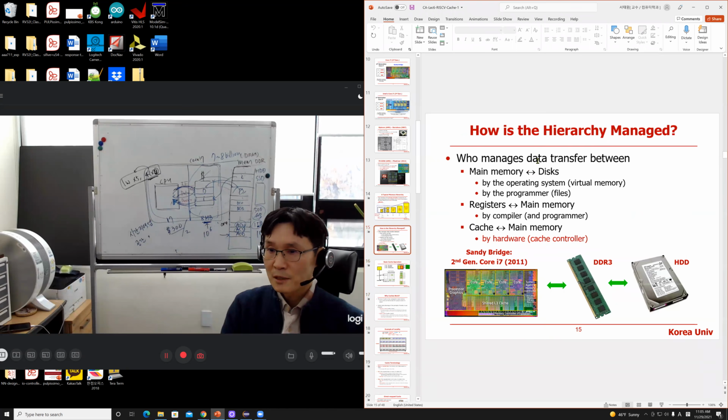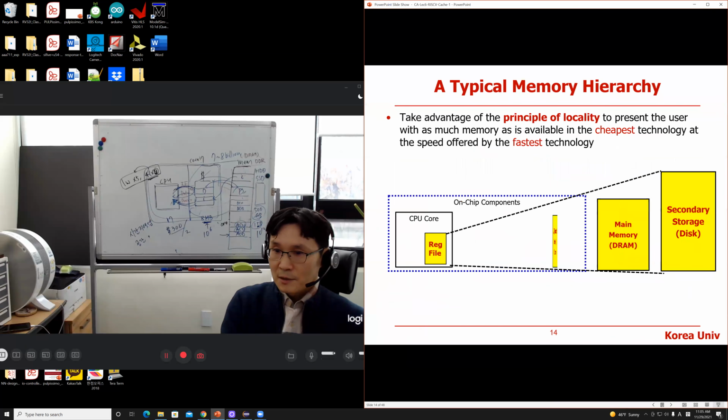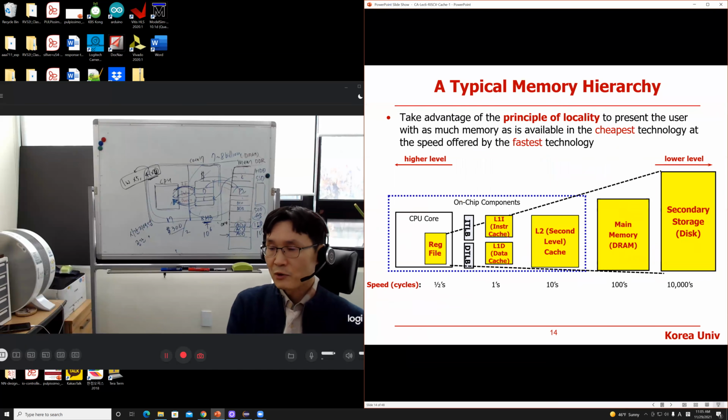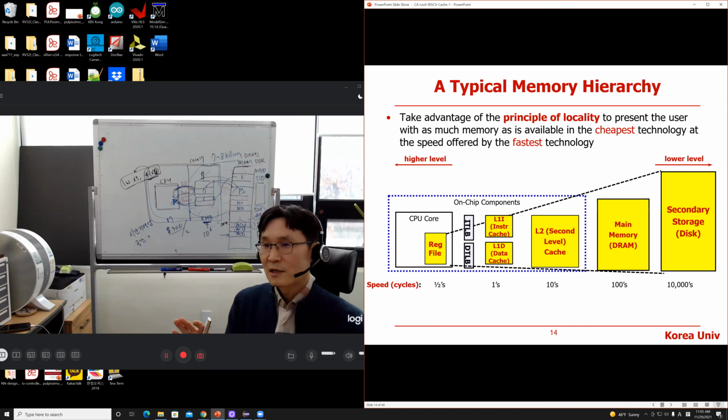That is locality. Then let's go back. We want to exploit that locality characteristic in your program and my program and everybody's program, to get a very pleasant illusion.